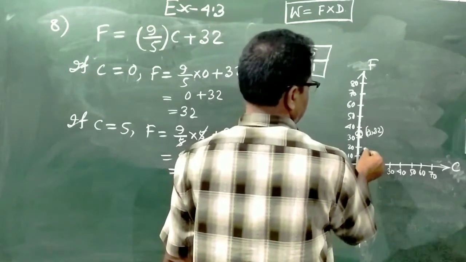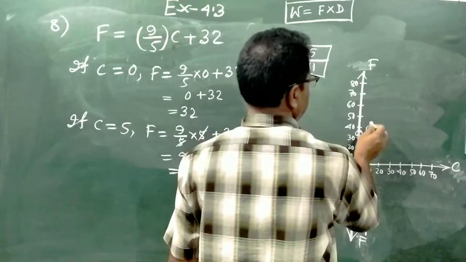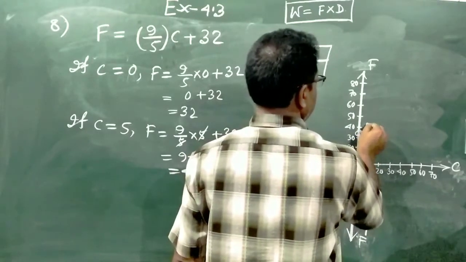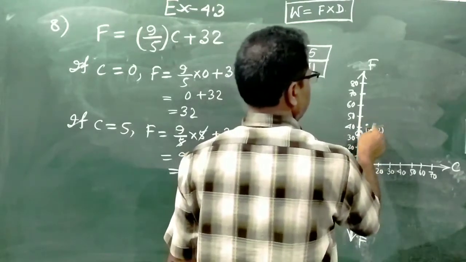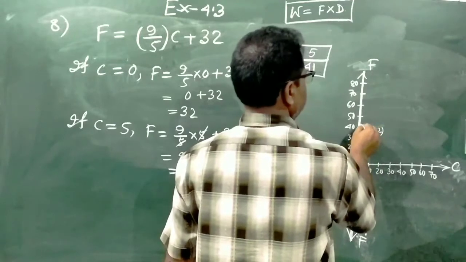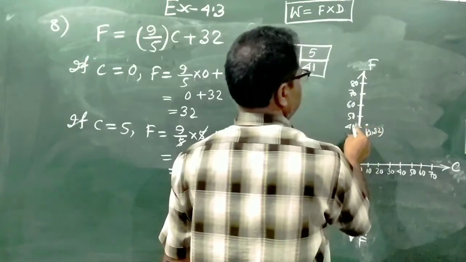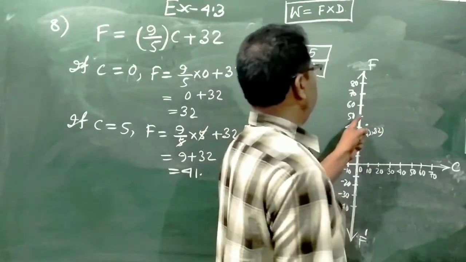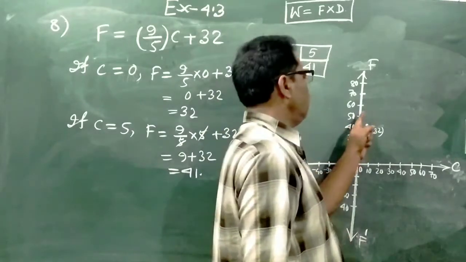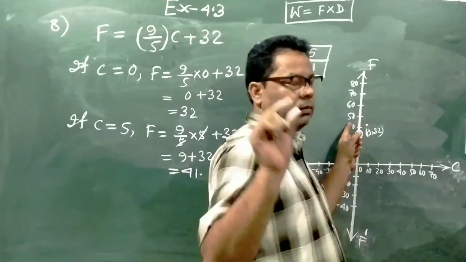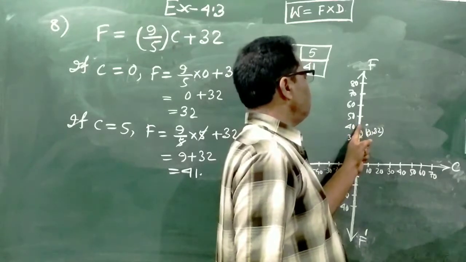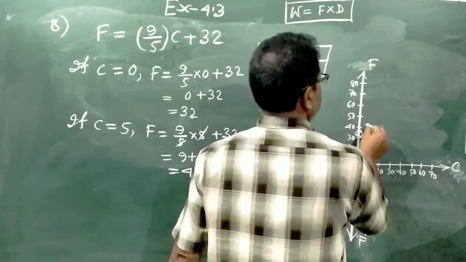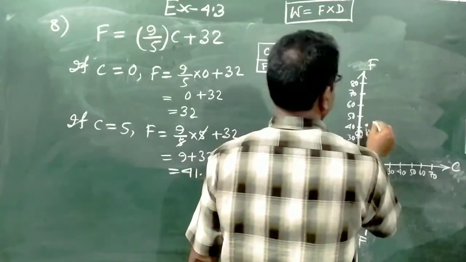Then 10, 20, 30, 40, 41. Then 1 unit extra, 1 small square extra: 40, 41, 42. This interval from 40 to 50 has been divided into 10 equal parts. So from here 1 small square is taken. So it is 41. So this is 5 and 41.